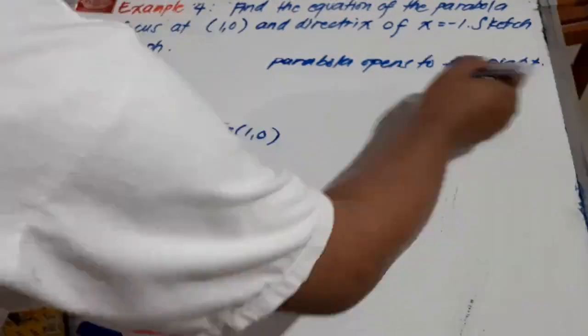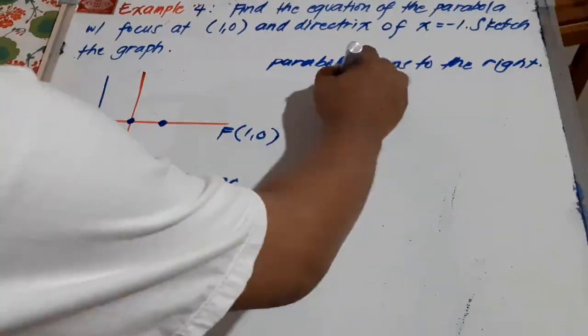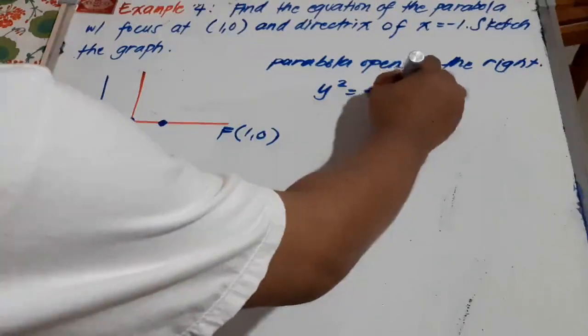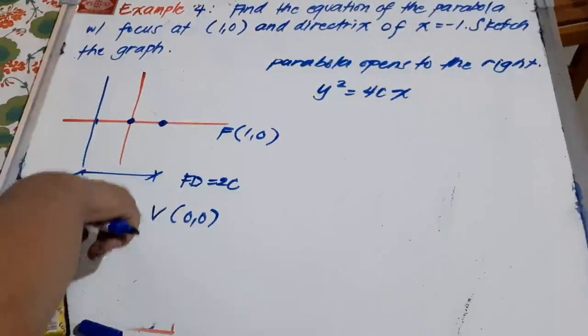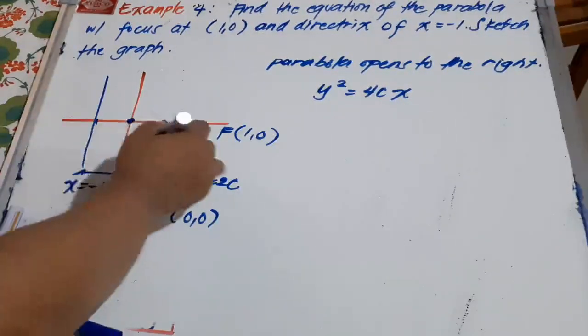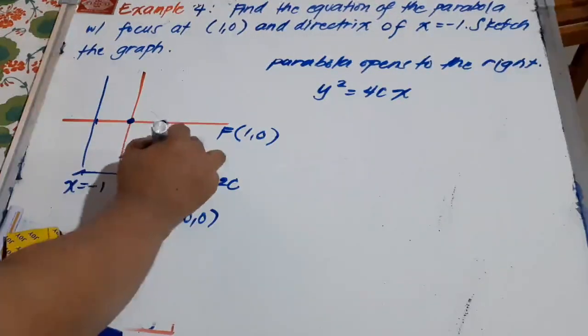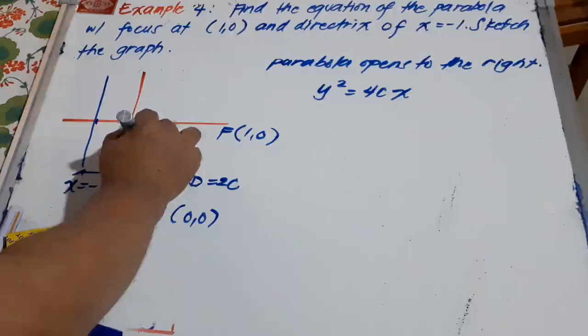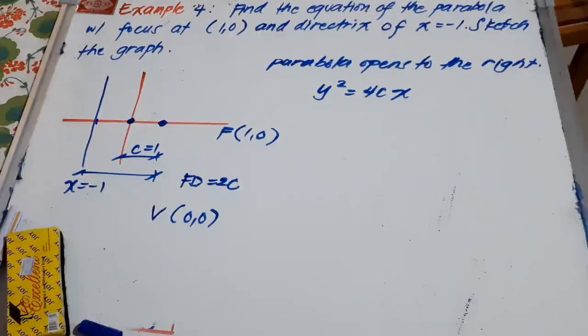Kapag parabola opens to the right, the standard form niya is y squared equals 4cx. Okay? Now, the distance from vertex to focus from this graph is equal to c here, at ang sukat niya is 1 unit. Therefore, the value of c is equal to 1.